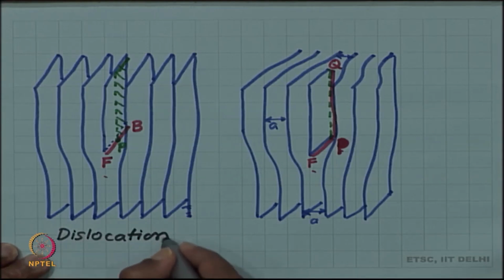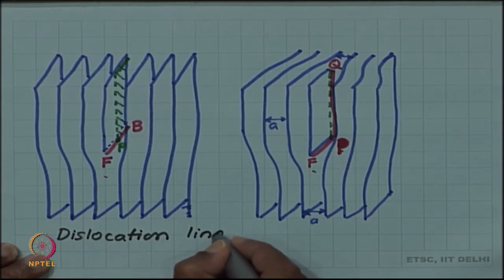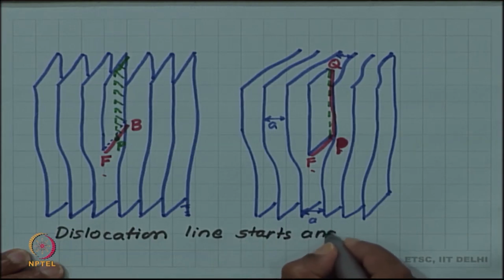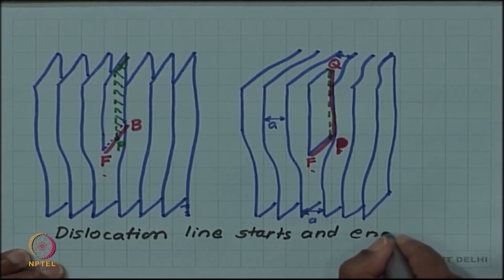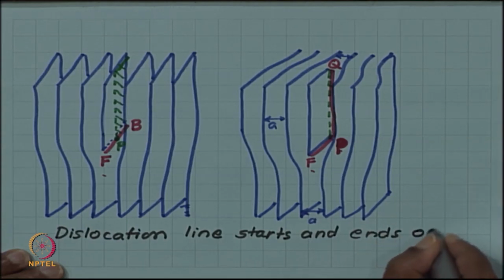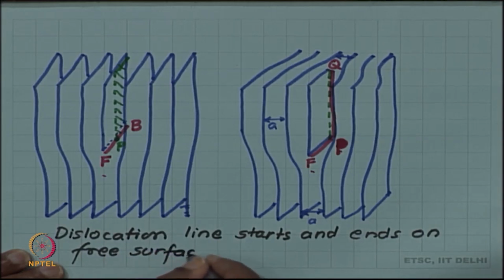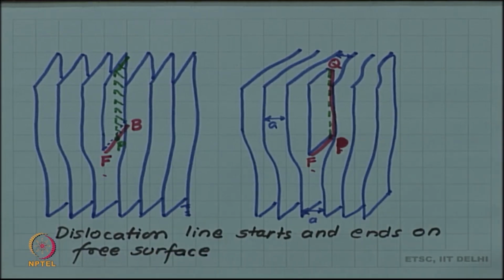The dislocation line, we can say, starts and ends on free surfaces of the crystal. Free surface means external surface, free surfaces.